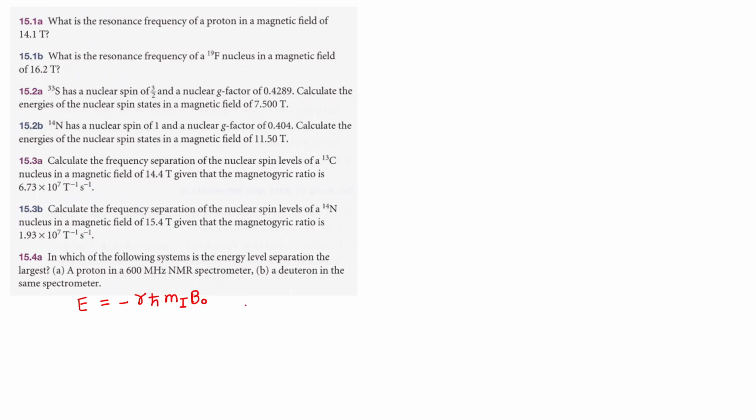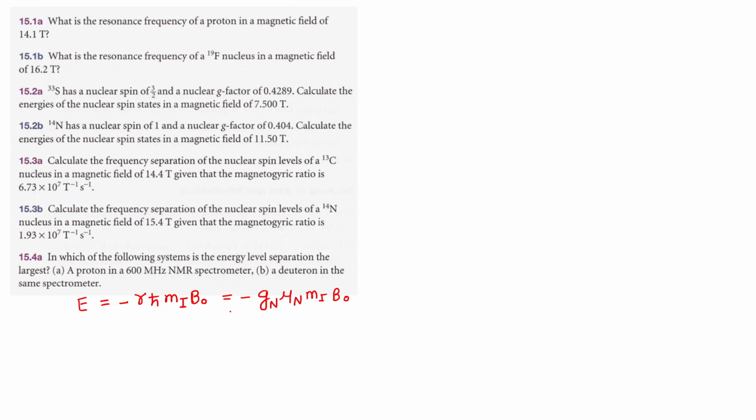So this is one formula, and again your gamma h you can write in terms of your Bohr magneton, the nuclear G value, and nuclear magneton. And the energy gap between two states will come, but these are the main formulae we are going to use.